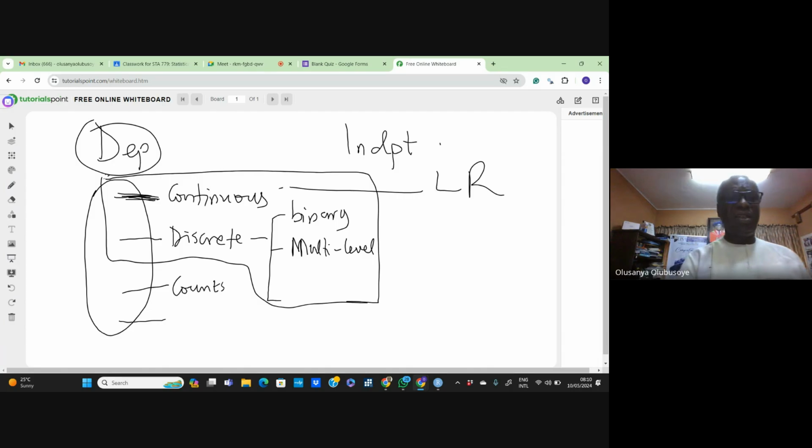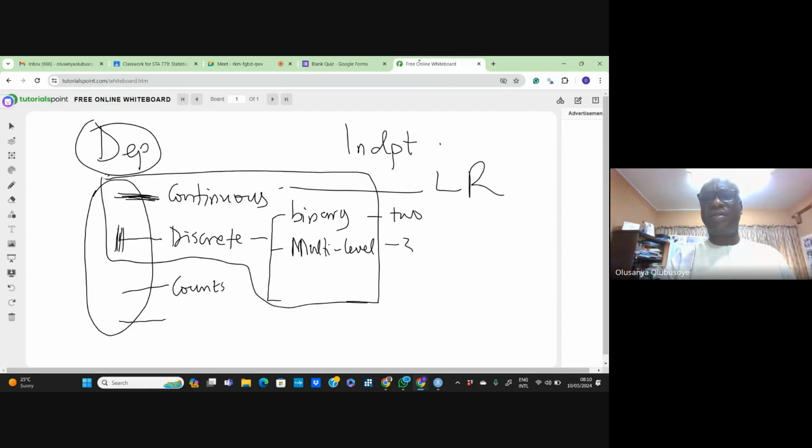But when the dependent variable is discrete, which means it's categorical, and it could be 2 levels and then 3 or more levels. If it's 2, then linear regression will no longer be appropriate. So that's when you use the logistic regression.